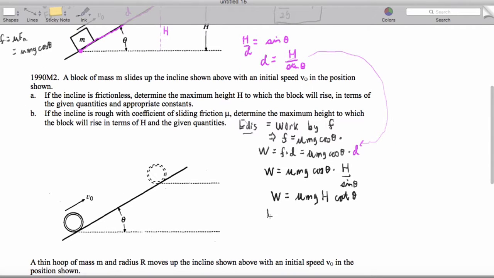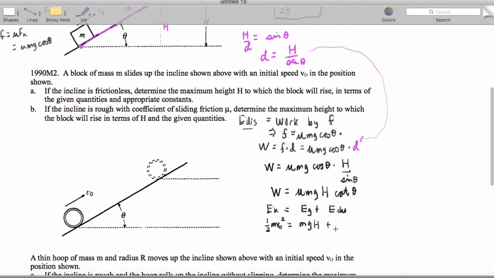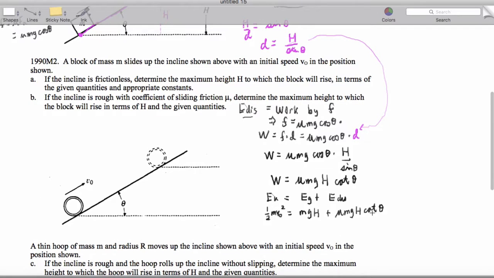We're going to basically say that E kinetic gets turned into E gravitational plus E dissipated. And so that means 1/2 mv squared is going to get turned into the mgh work done by gravity, and this is v0 squared, plus the mu mgh cotangent of theta work done by friction.